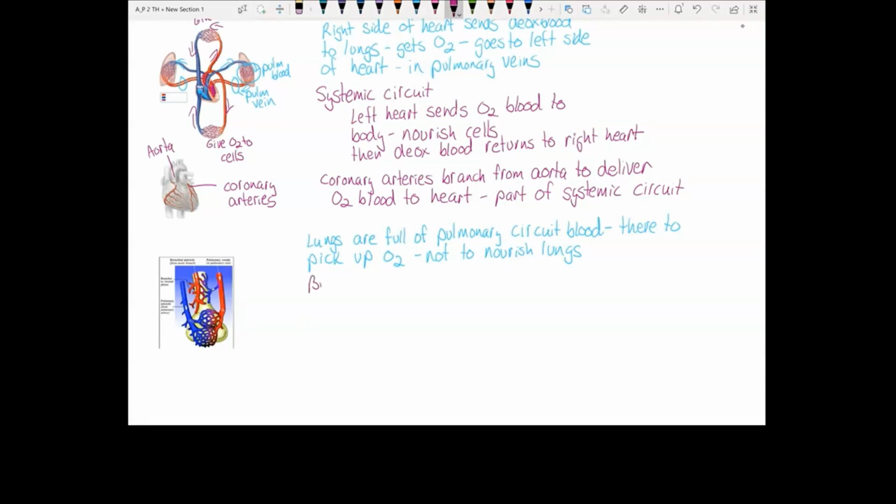You have what's called bronchial circulation. This is part of your systemic circuit. So if it's part of systemic, that means it is oxygenated blood that is there to nourish your lungs.